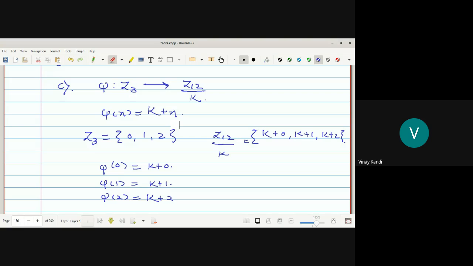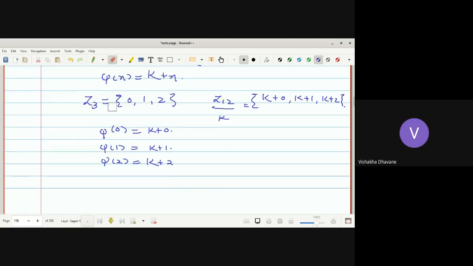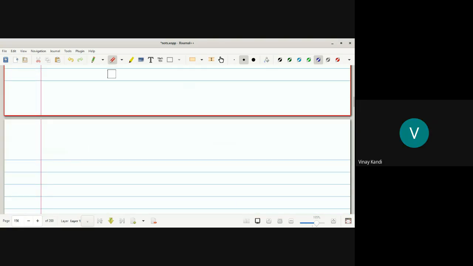Okay, next question. Now here, 0 plus k, what was that? Just 0, 3, 6, 9. Suppose this is k naught, we gave it the name k naught. Which is equal to 3 plus k, which is equal to 6 plus k, which is equal to 9 plus k.